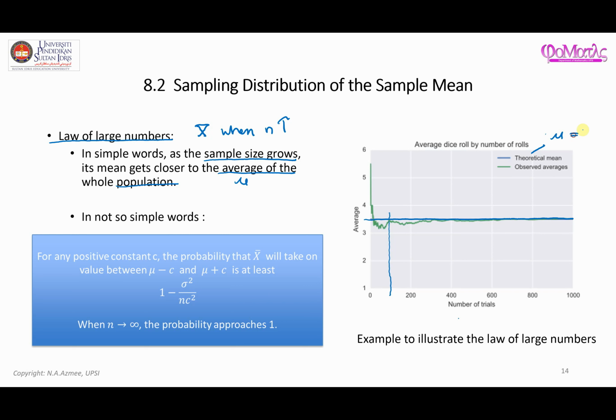So the population mean here is 3.5, and you can see that when the sample size is smaller, the results are far off. For this one here, between 600 to 800, the result given by the green line gets really close to the theoretical mean 3.5. So that is the idea of the law of large numbers in simple words.